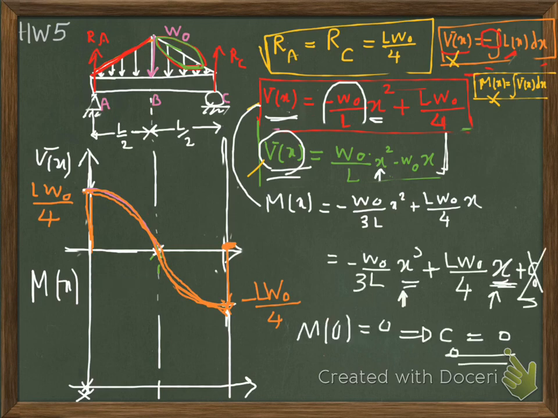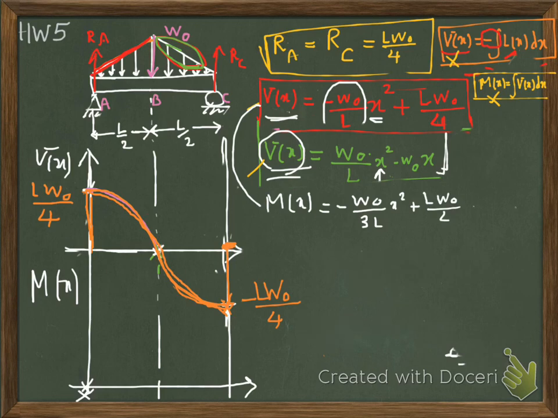Oops, let's go back. That was x cubed, right? I missed an x cubed here and then x here. I don't know why. Let me correct that on the board. This was x cubed and then I missed an x there. Okay, now it's correct. You can go back in the video and see why.